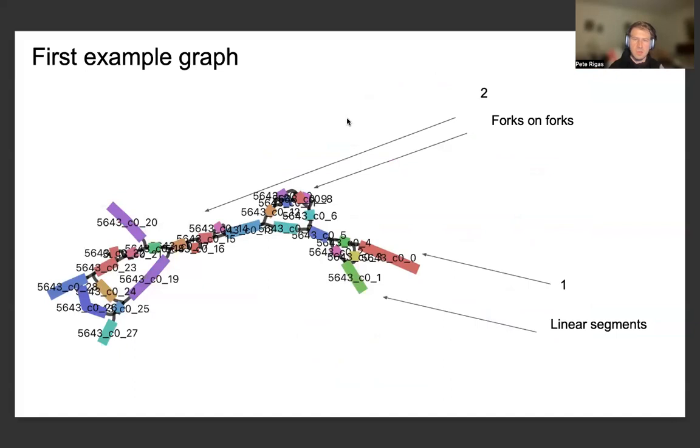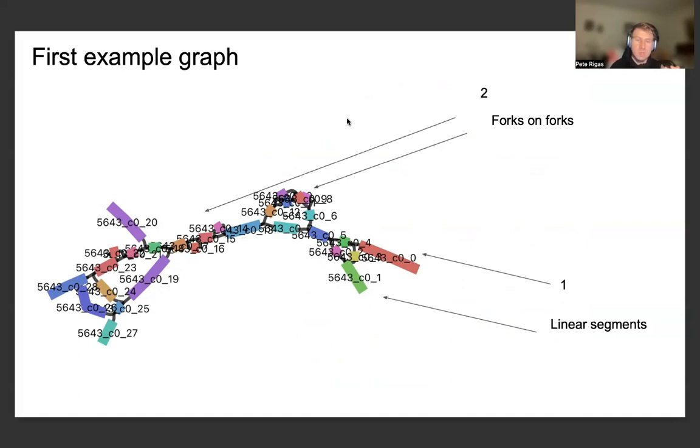And for our first example graph from the second transcriptome assembly procedure, we can see that there is a commonality in the fact that there are linear segments included in some ending segments of the graph, one of which is 5643C01. But there can exist a more complicated graph structure generated from the bioinformatics pipeline, because there can exist forks on forks.